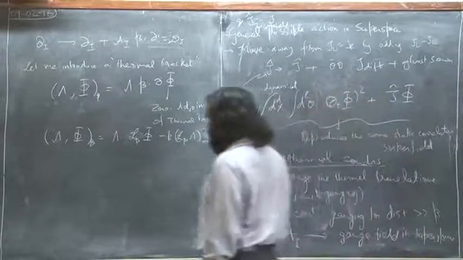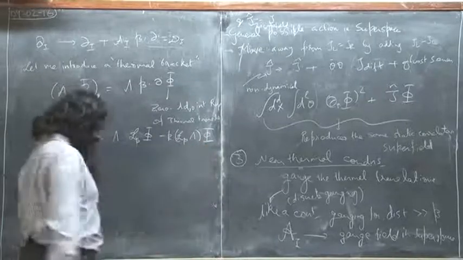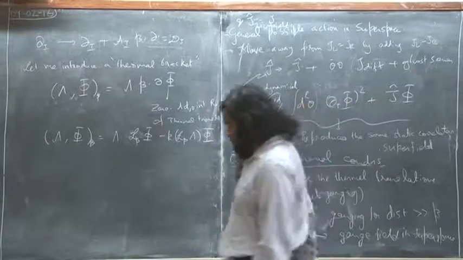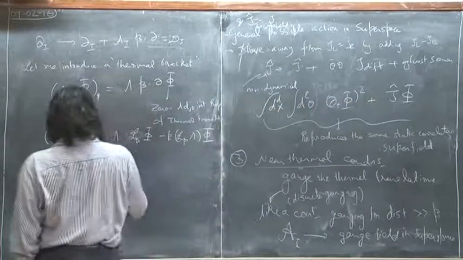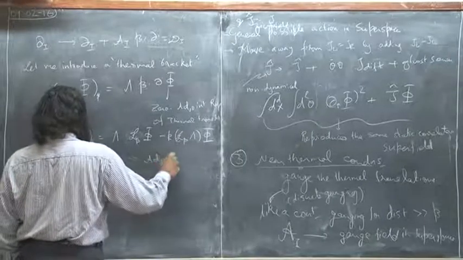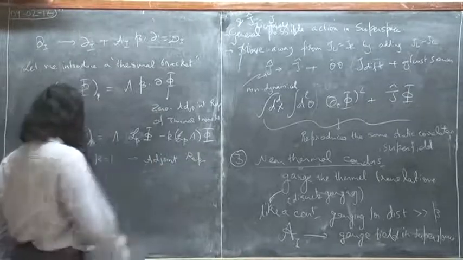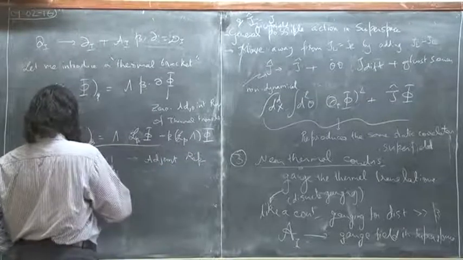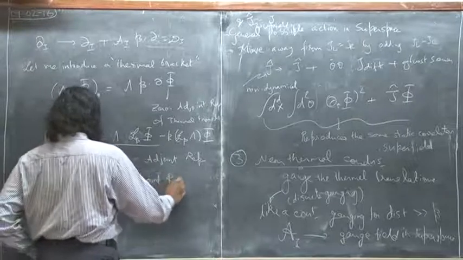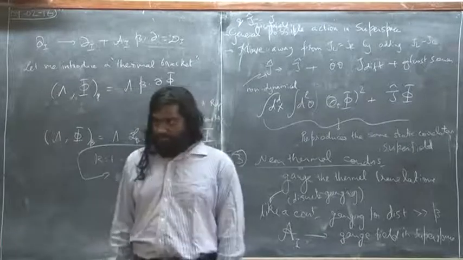But you can also consider these kinds of representations, and you can show that this is a representation. In fact, k equal to 1 is what you would call an adjoint representation, in the sense that lambda lies in the adjoint representation. And in general, I call it a k adjoint of thermal translations.